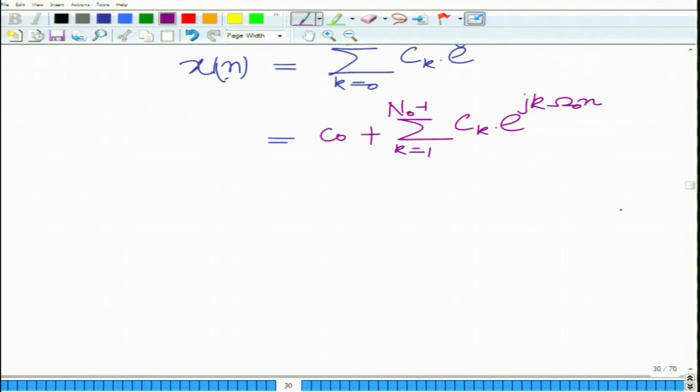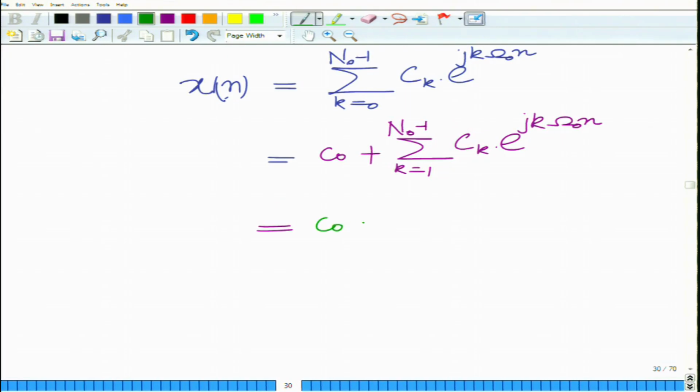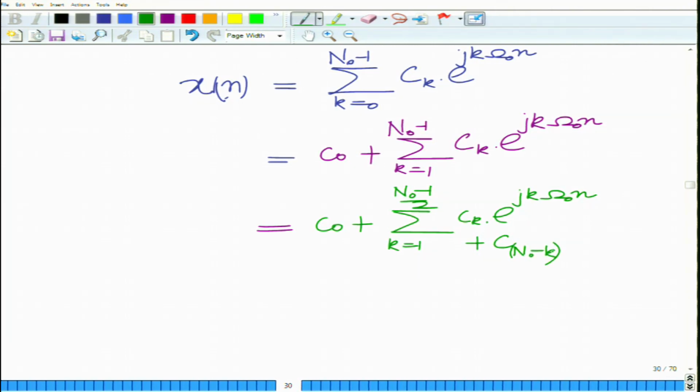So, I can write this as C naught plus summation k equal to 1 to (N naught minus 1) by 2 of C_k e raised to j k omega naught n plus C of N naught minus k e raised to j (N naught minus k) omega naught n.